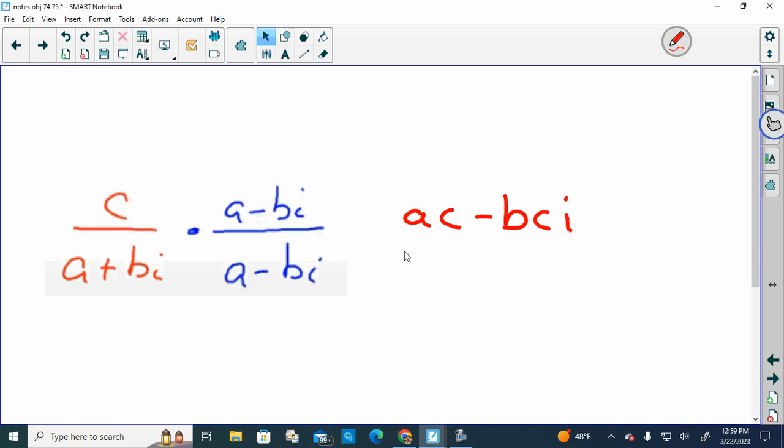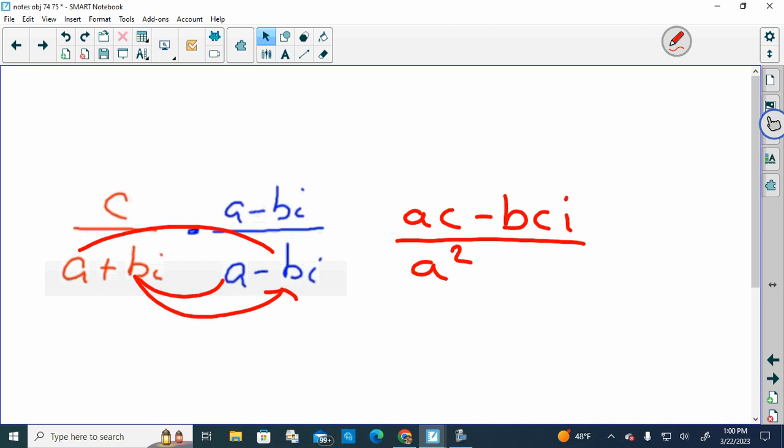Then on the bottom, I'm going to have a times a, which is a squared. Remember I said you don't need to worry about this and this because they'll cancel each other out as long as you put a positive and a negative. But this one's going to be a negative b squared i squared, which that i squared just changes the b squared to a positive.